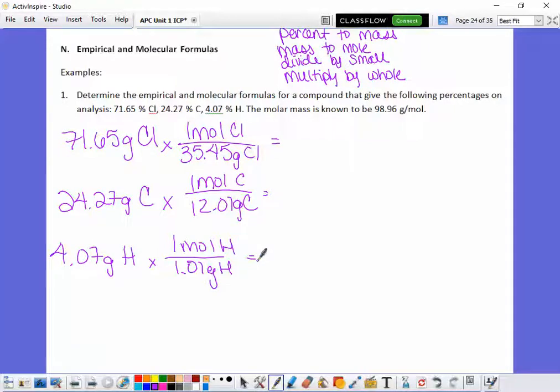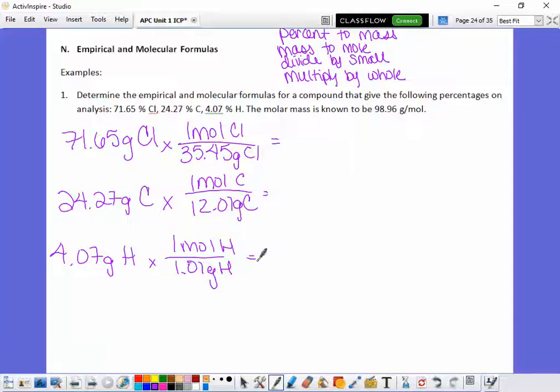Now, a helpful hint, when you're calculating the moles of these things, carry like 4 decimal places. I know that doesn't make sense for sig figs, but actually carry out many more than you need, because if you round off too early, it could mess up your ratios. It could make your ratios not exact. It makes the division a little better if you just carry out several decimal places.